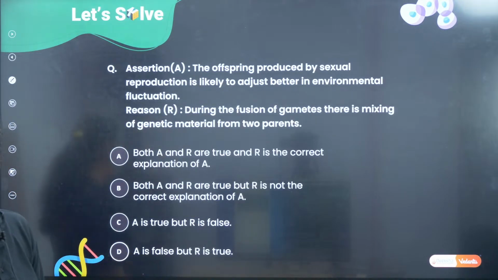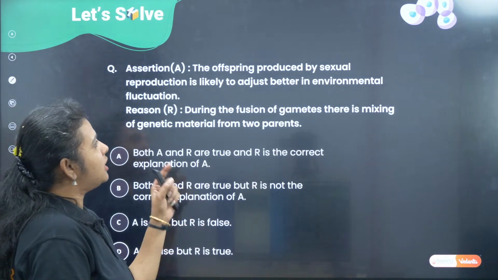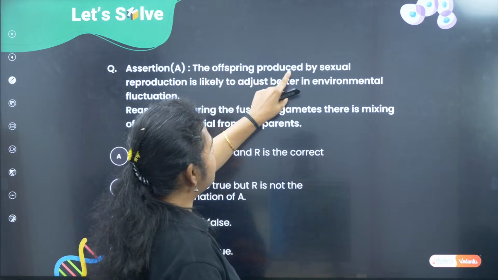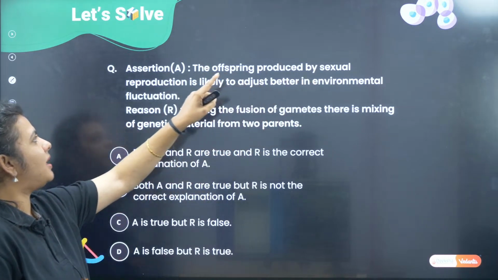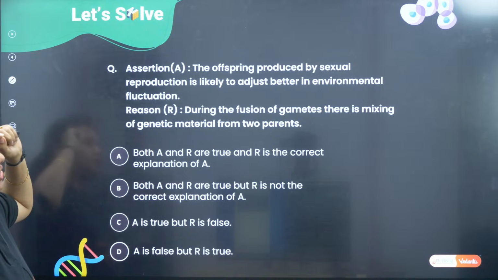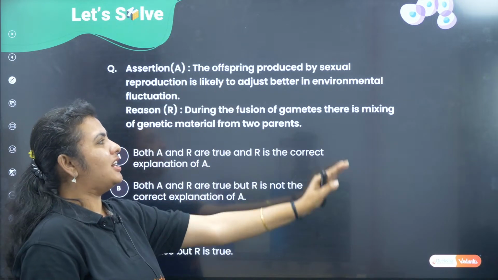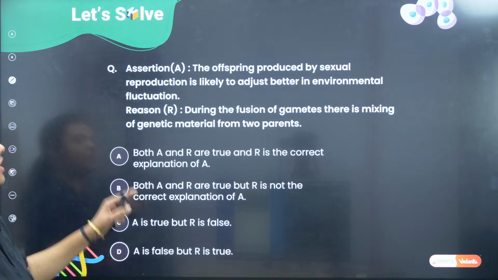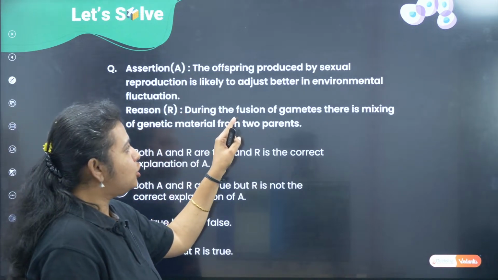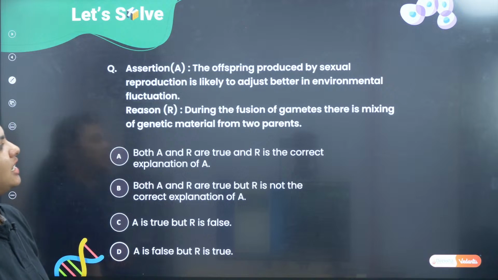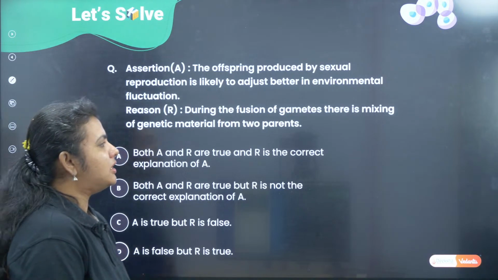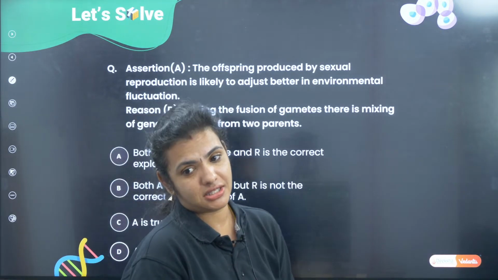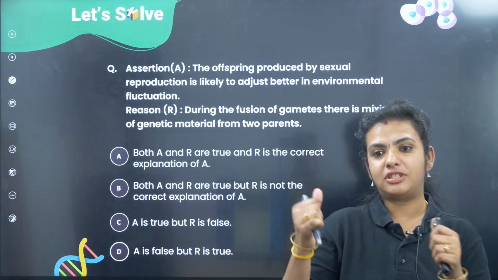Okay, we'll take up one last question, children, for the day. I think we are running short of time. So assertion says the offsprings produced by sexual reproduction is likely to adjust better in environmental fluctuation. Reason says during the fusion of gametes, there is mixing of genetic material from the two parents. Okay, I think now you have seen the question.